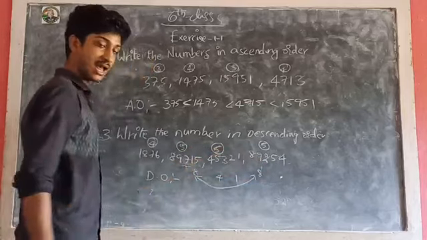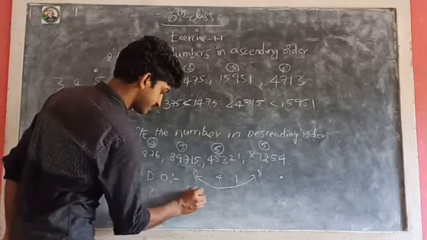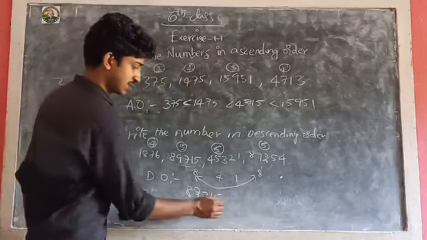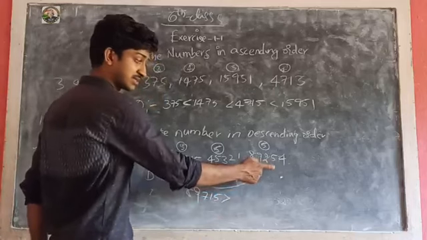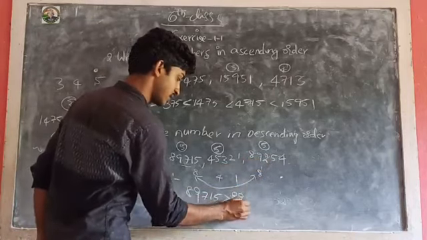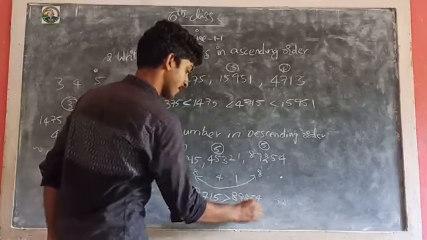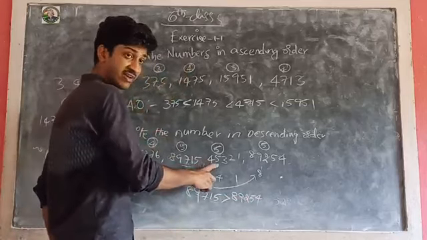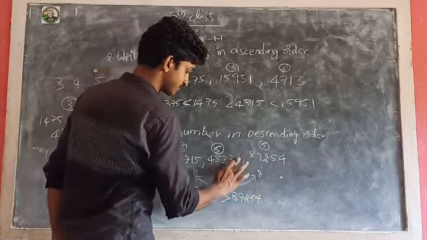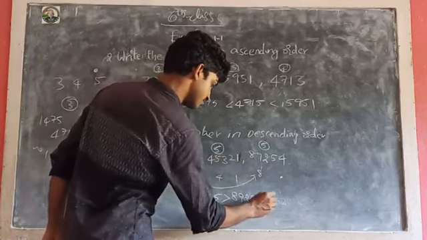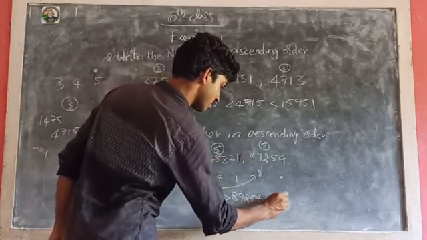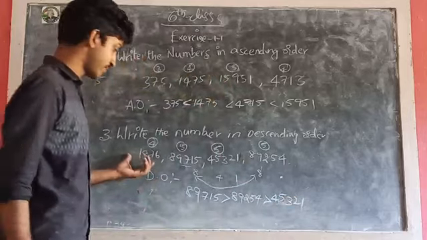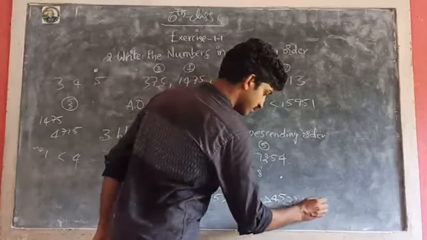So this is the larger number. 89715 is the larger number, greater than the next number, 89254. And the next number is 45,321. And the next number is the remaining number, 1876.